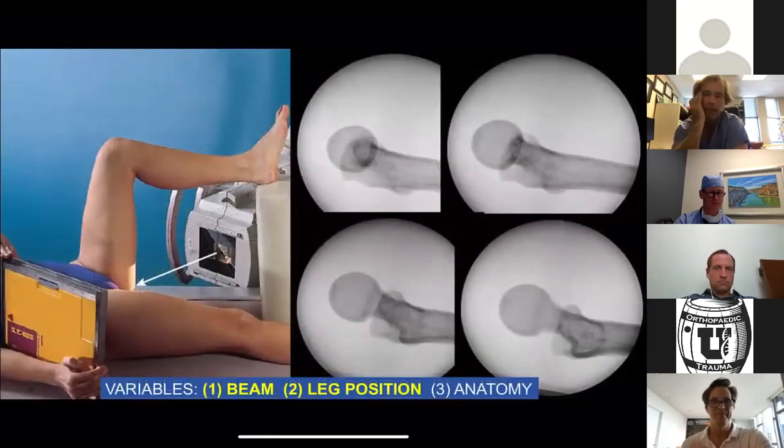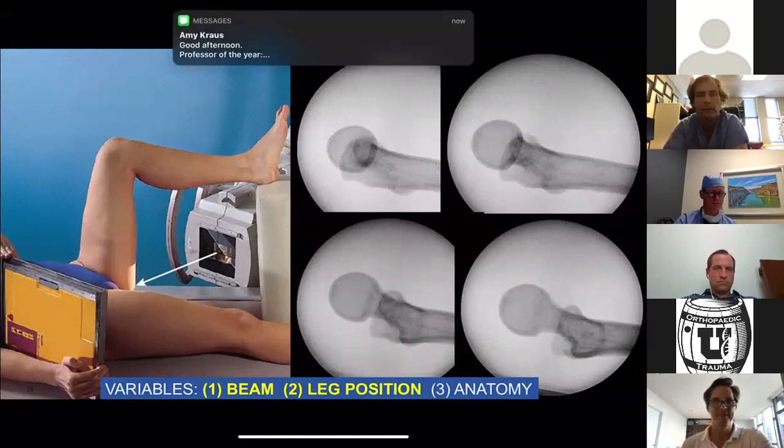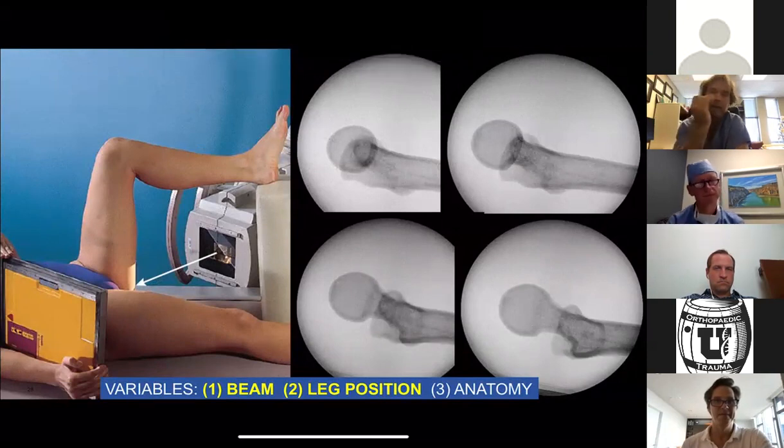Now, there's another plane to talk about, and I think this is especially useful when we're talking about proximal femur fractures and femoral neck fractures, and that is this plane. If you're going for a true transverse lateral, you're going to get a lot of overlap between the greater trochanter and the head, and it's really going to block you from seeing the neck. So the more obliquity you create with the C-arm, the better you can uncover the neck from the greater trochanter.